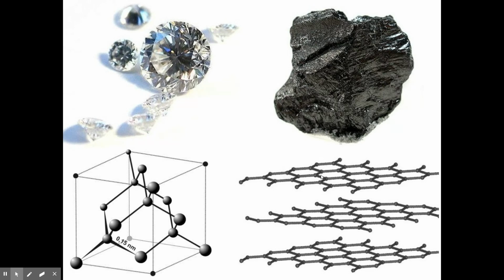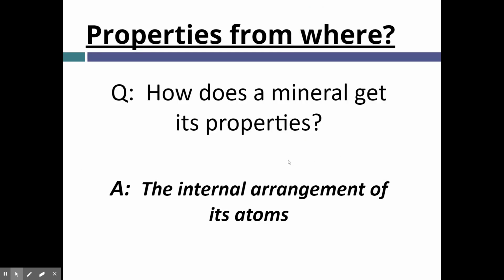Why? Because the carbon atoms come together in these sheets, in these layers, and therefore they flake off really easily on something very soft like paper. So, even though they're made out of the exact same thing, they have totally different looks, totally different structures, different properties because of their structure. That's a really important takeaway: a mineral gets its properties from the internal arrangement of its atoms.